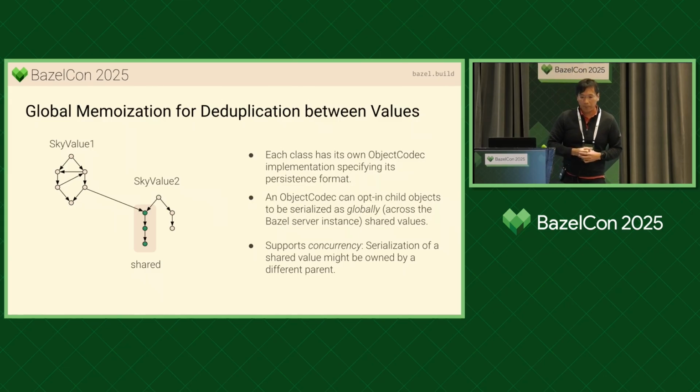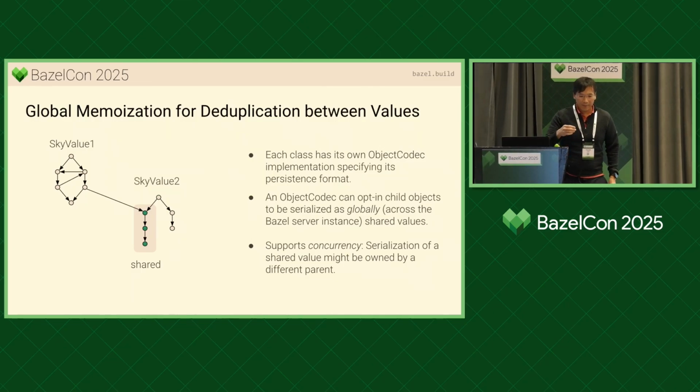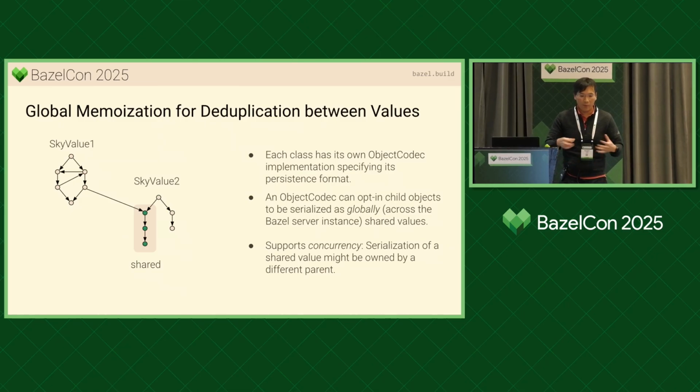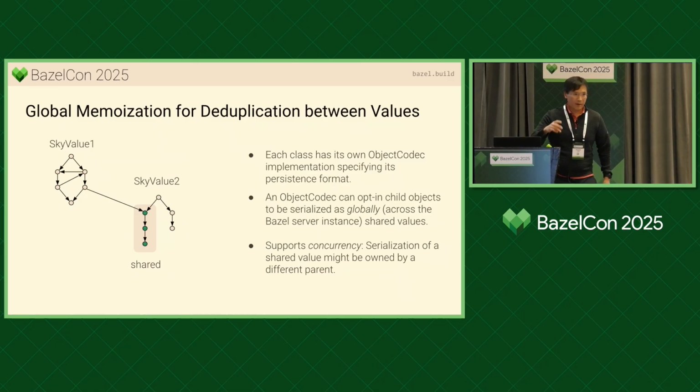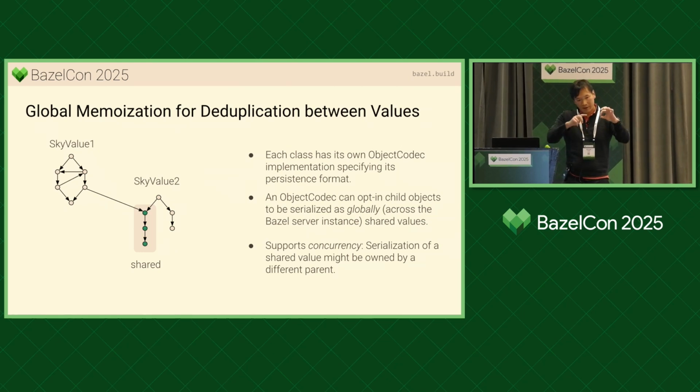So what we do here is, I think, rather unique to Bazel serialization and very different from Java serialization. We have this global memoization layer. When you think about Java serialization, you're serializing an object graph.